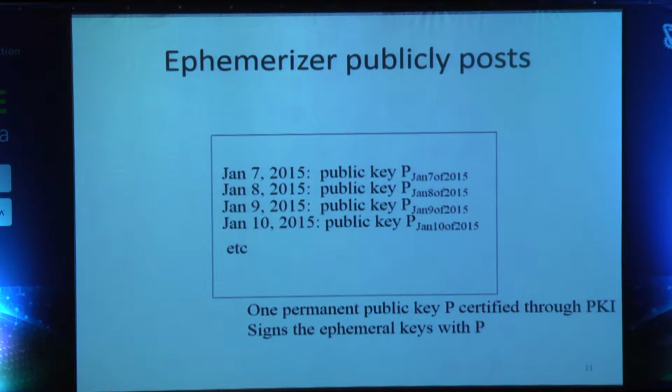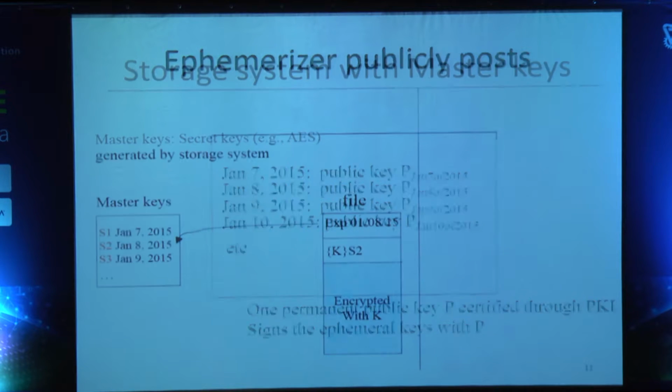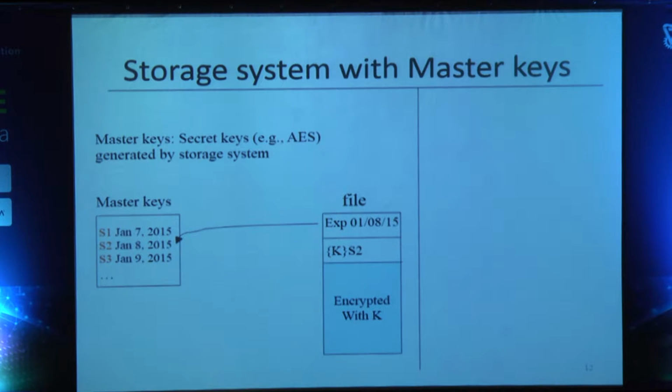The ephemerizer promises to throw away the private key when it expires, and promises to bail you out if you need to recover your keys from backup. He won't be able to unlock keys that have expired, but the keys that haven't yet expired, he'll be able to unlock for you.